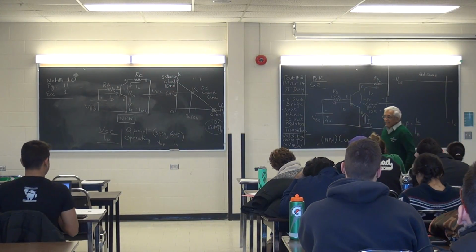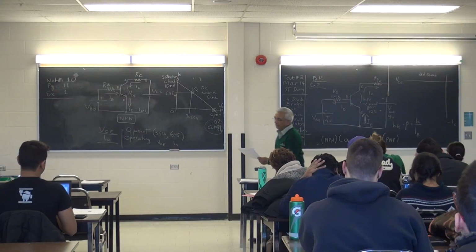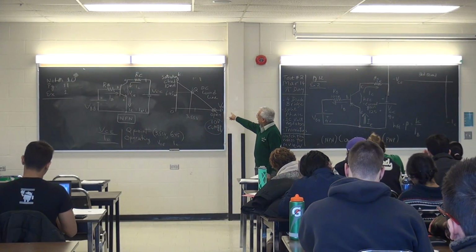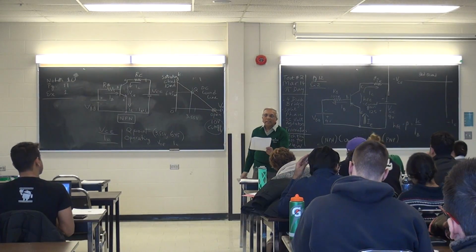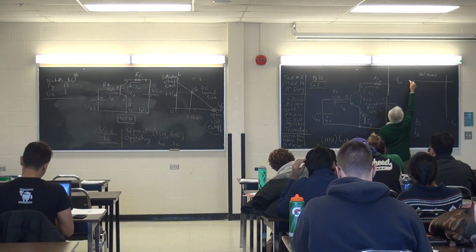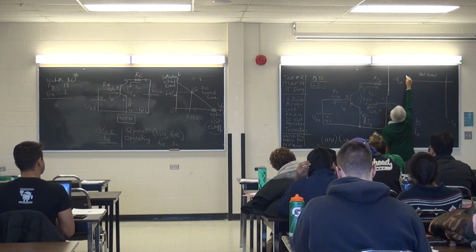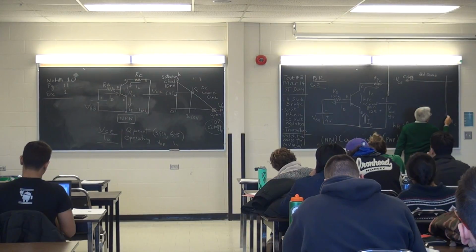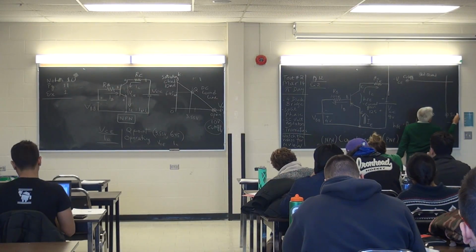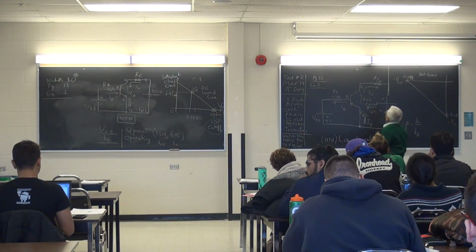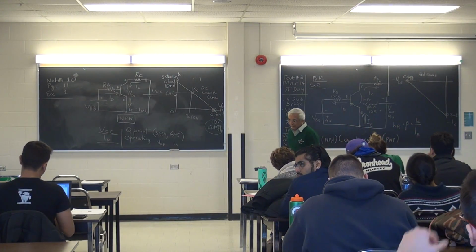So that's why I'm in the third quadrant. In the case of the NPN, I'm in the first quadrant. Voltage is positive and current is positive. So now what I'm going to do is take a point here, call that cutoff. Take a point here, call it saturation. Draw a straight line that connects cutoff with saturation.